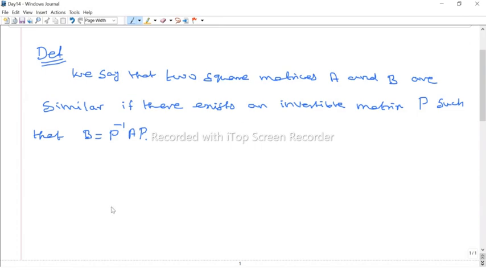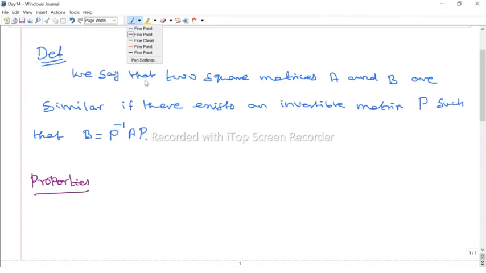Now we see some properties of similar matrices. Suppose we have two similar matrices, they have the same characteristic polynomial. So what is the first property?